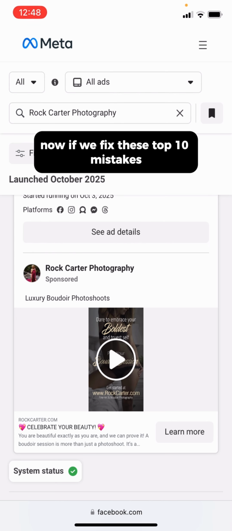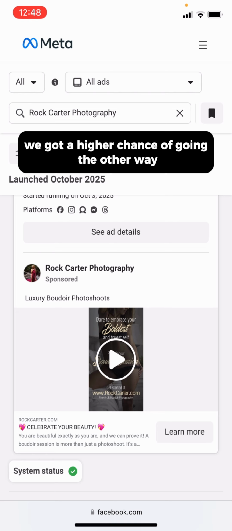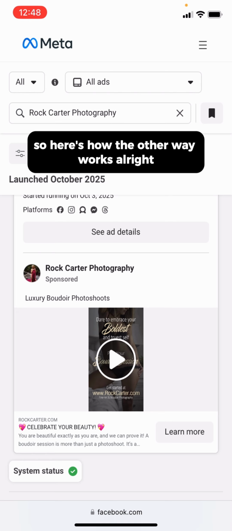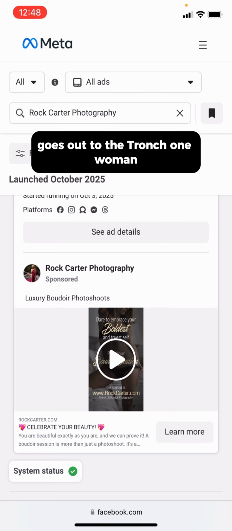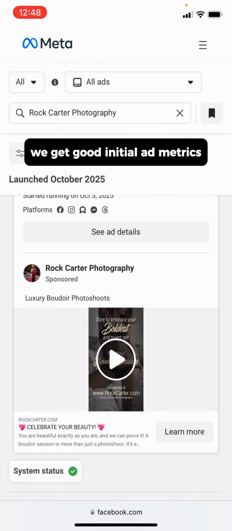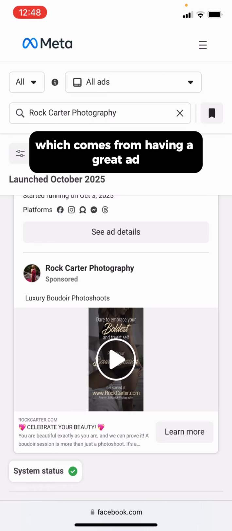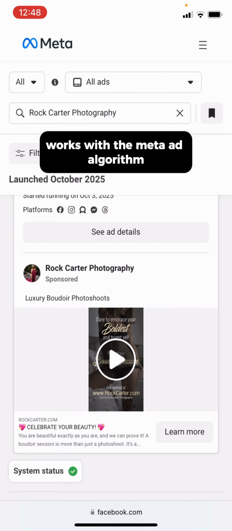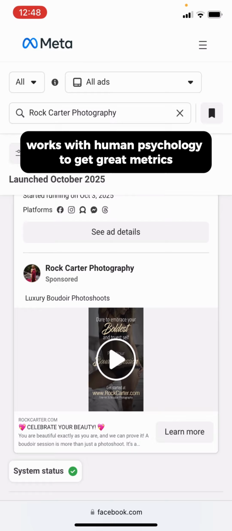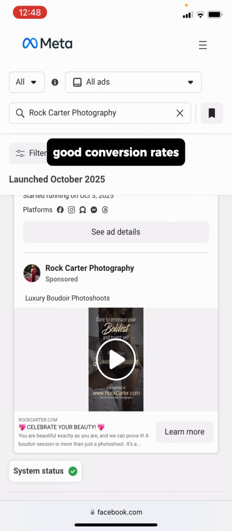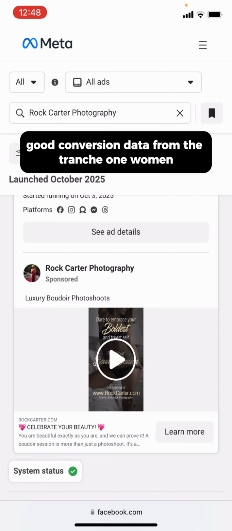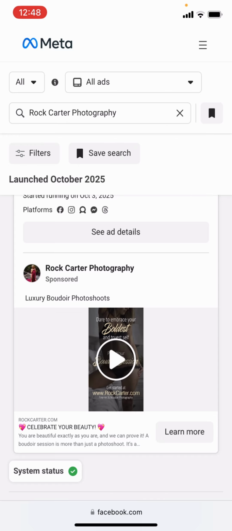Now, if we fix these top 10 mistakes I'm going to talk about today, we've got a higher chance of going the other way. So here's how the other way works. It goes out to the tranche 1 women. We get good initial ad metrics, which comes from having a great ad, one that works with the Meta ad algorithm and works with human psychology to get great metrics, good conversion rates, good conversion data from the tranche 1 women.